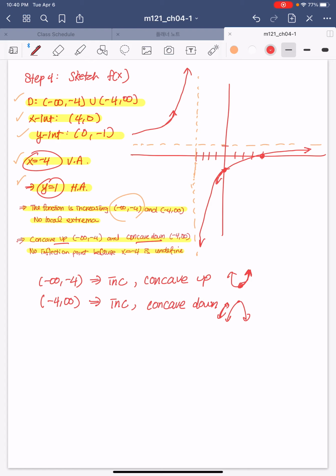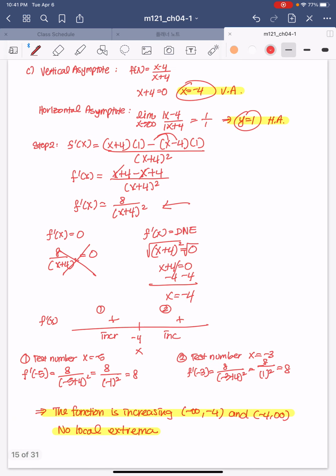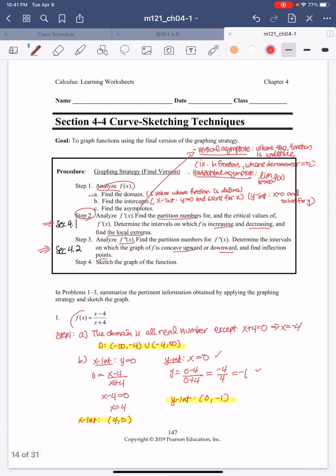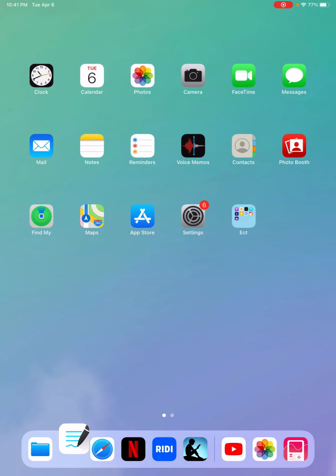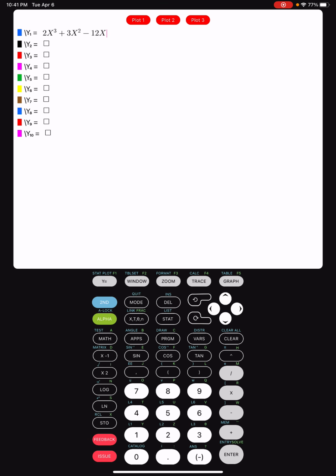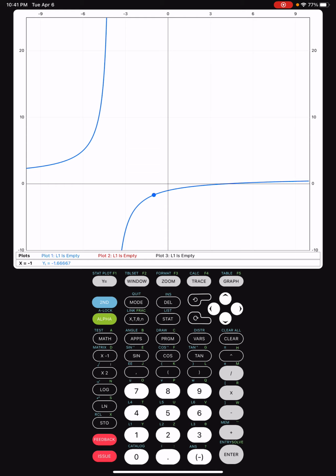And you can check the answer by using the graphing calculator. So let's actually type in this whole thing to check and see if our graph looks very similar. So I have x minus 4 and then x plus 4. I should have a very similar thing happening here. Yes.